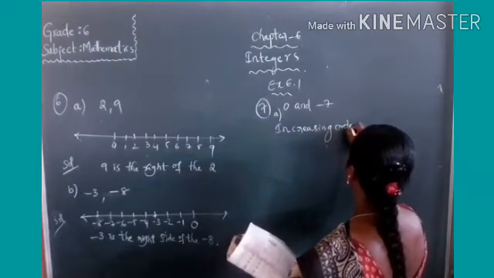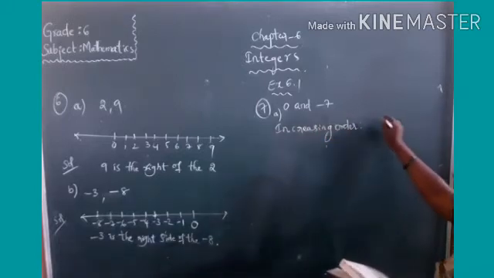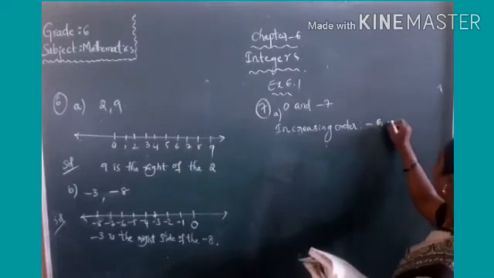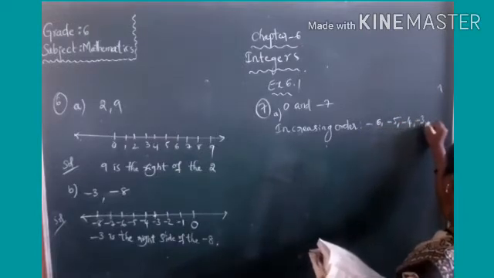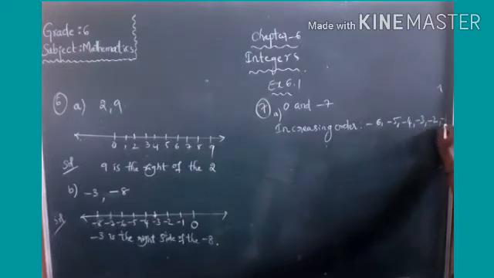That is minus 6, minus 5, minus 4, minus 3, minus 2, minus 1.